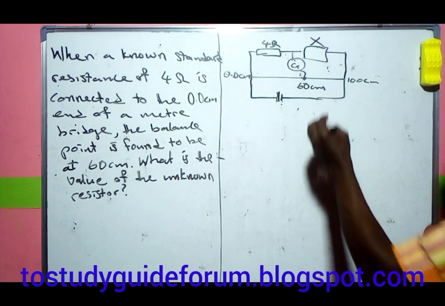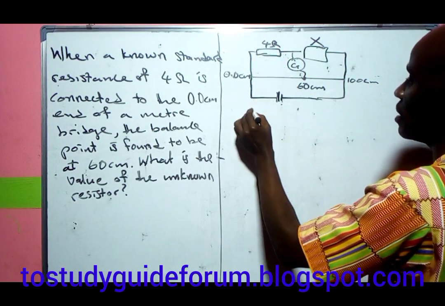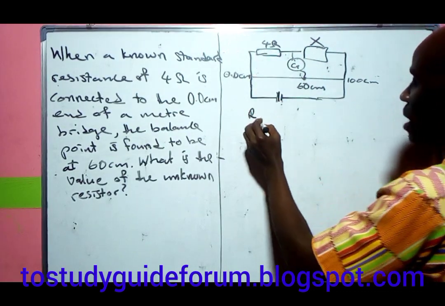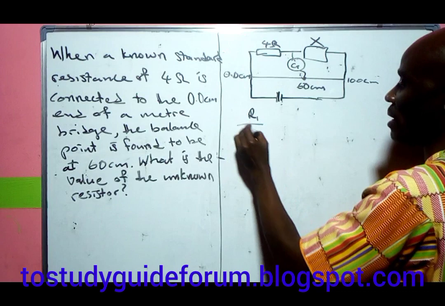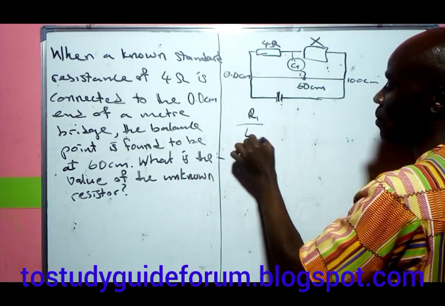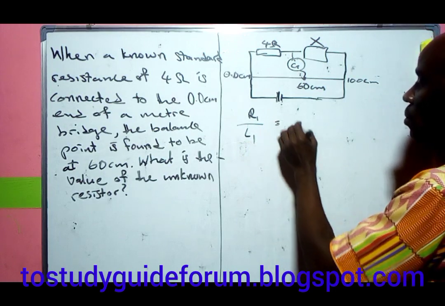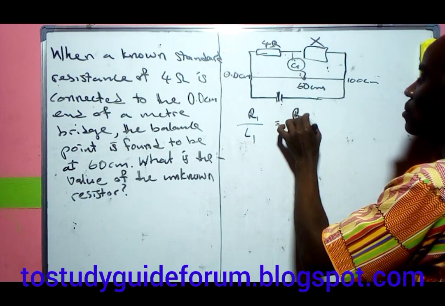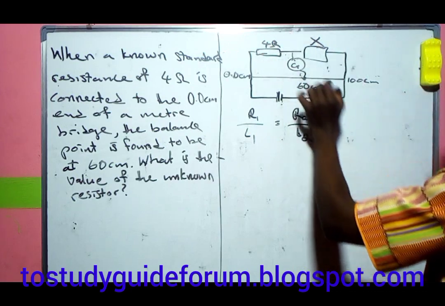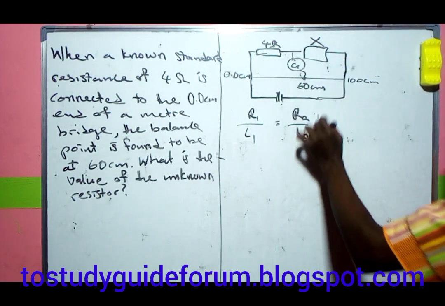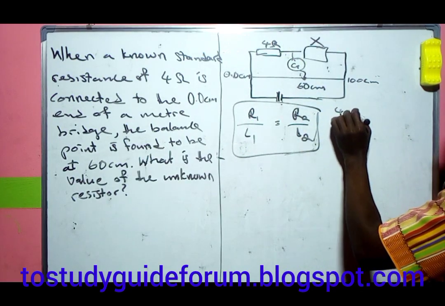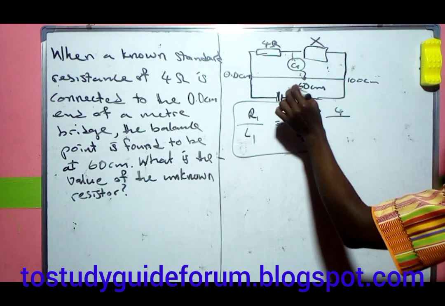And we know that the relation we have here is that R1 over L1 equals R2 over L2, which is what we have done so far. So 4 ohms over what length?